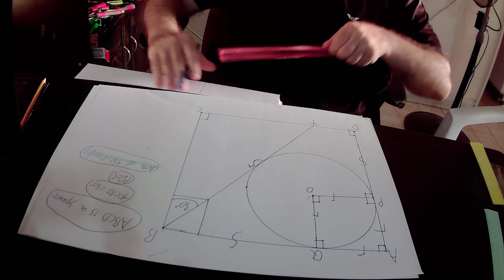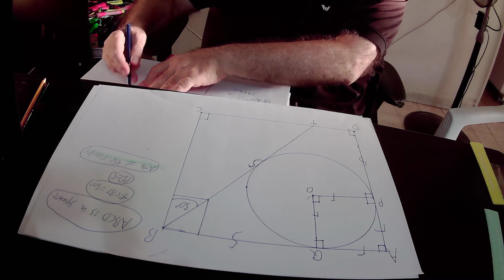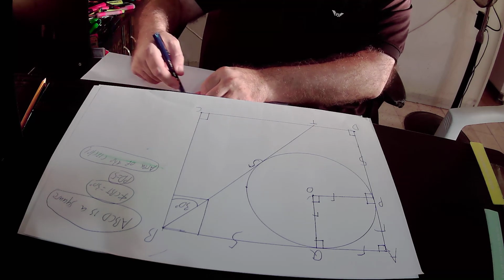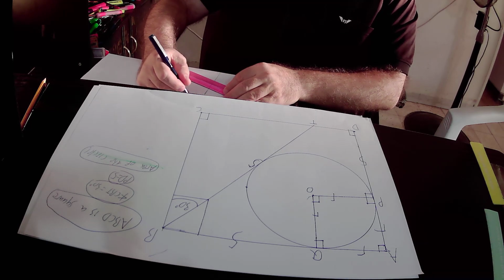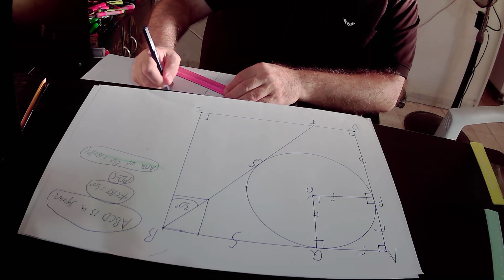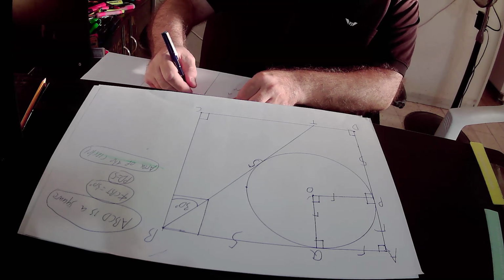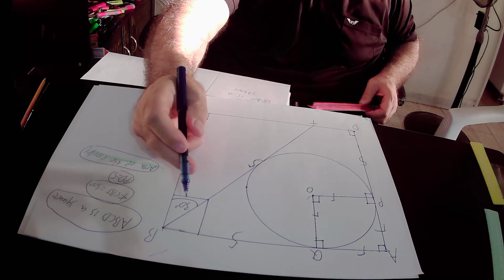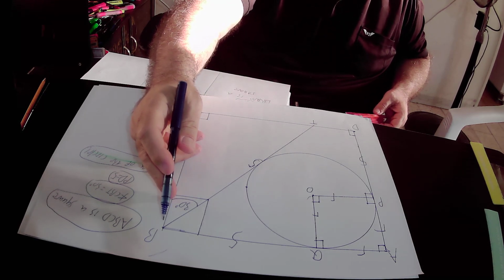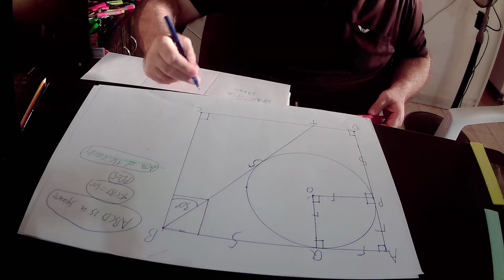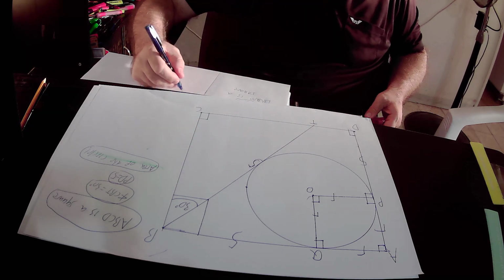Why? Because in our drawing, if we focus on the common external point B, from the common external point B, we have two tangents to this circle, tangent BQ and tangent BS.